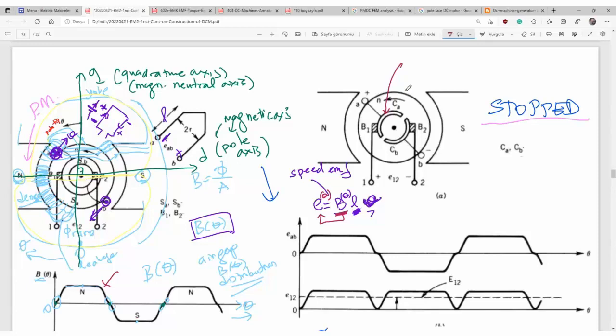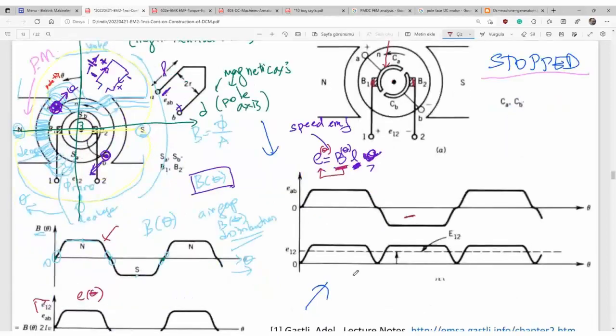Here are two segments, and there are some brushes touching. Here you see two brushes, and then there is a commutation. As a result of commutation, this side will be rectified up to here, and this side will be rectified up to here. Almost each side, in fact.